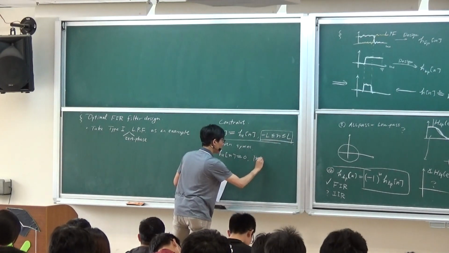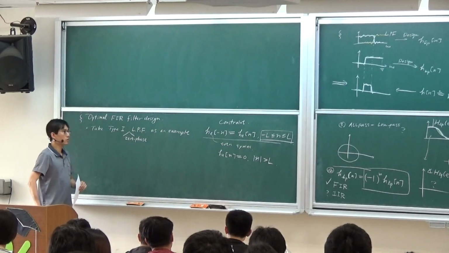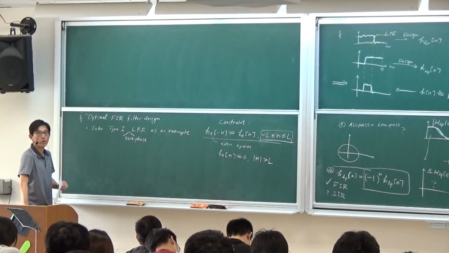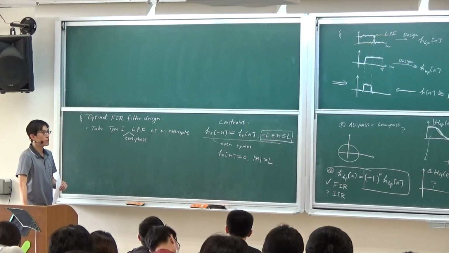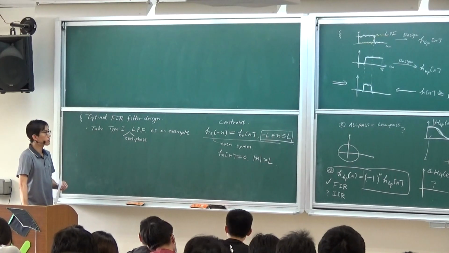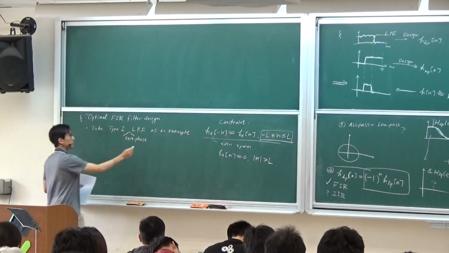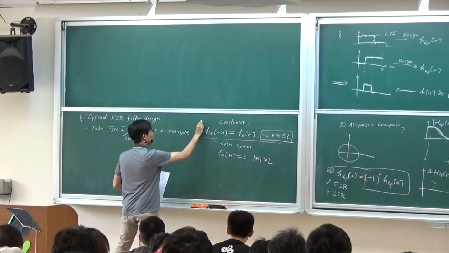For any n greater than L, we're going to make this constraint that it's 0 also. It only has a middle part from minus L to L. Okay? But we're going to first make this constraint.